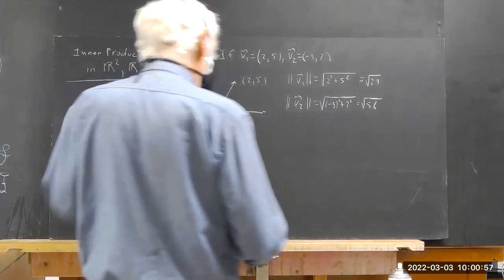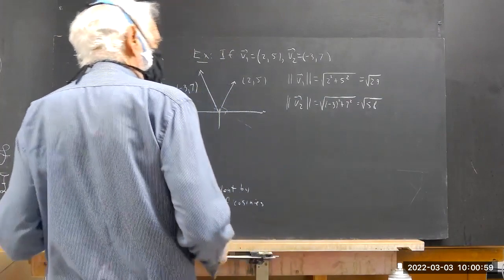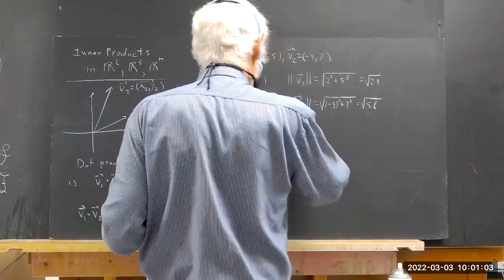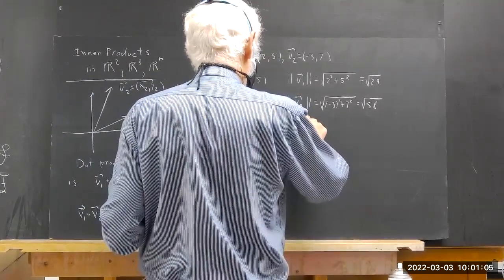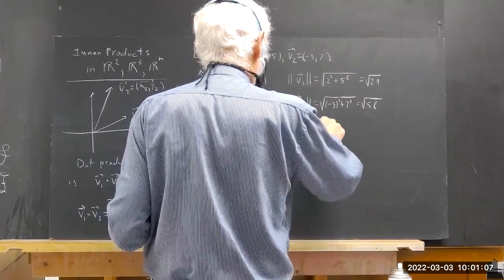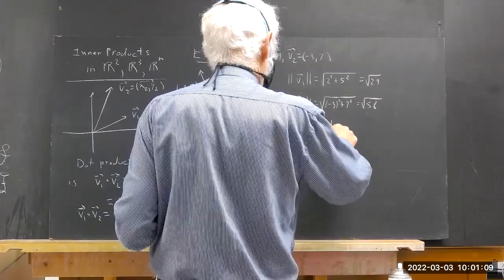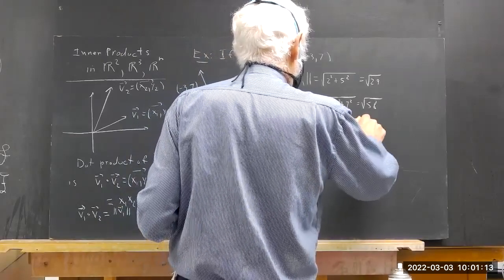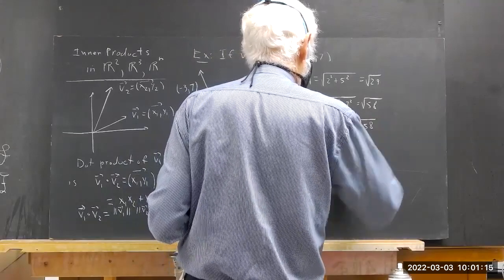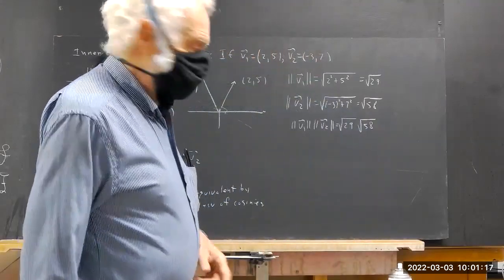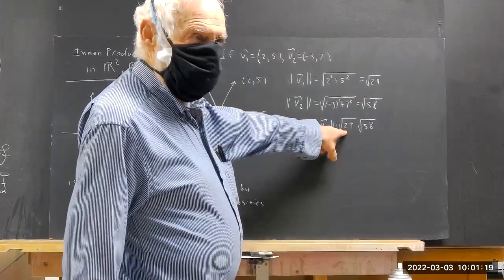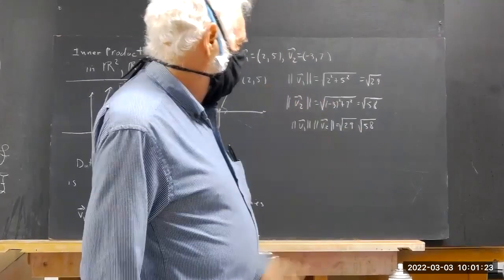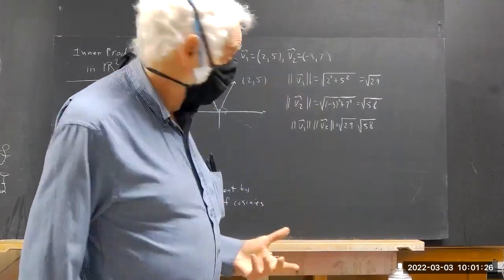Now, what's V1 dot V2? Okay, what's this thing? The magnitude of V1 times the magnitude of V2 equals the square root of 29 times the square root of 58. Now the square root of 29 is about 5.4, and the square root of 58 is about 7.6 or something.